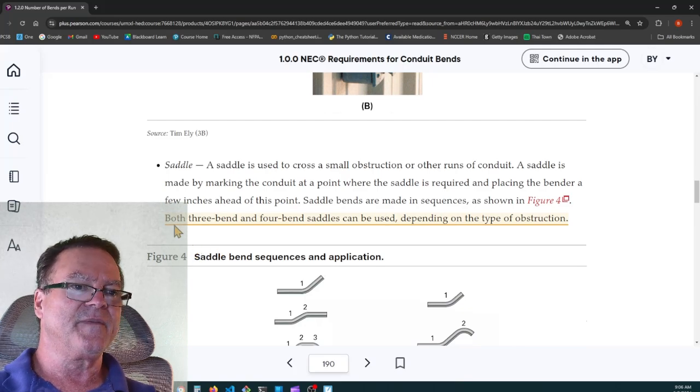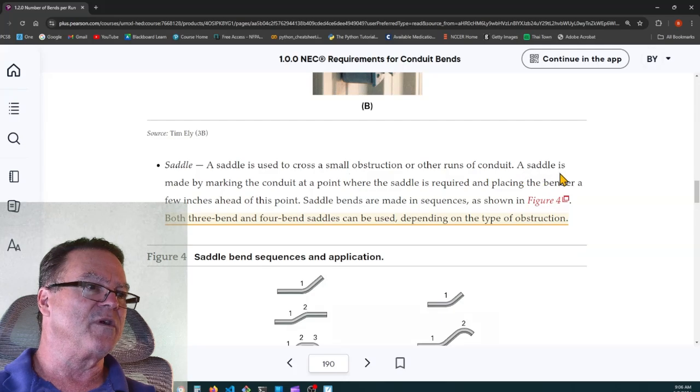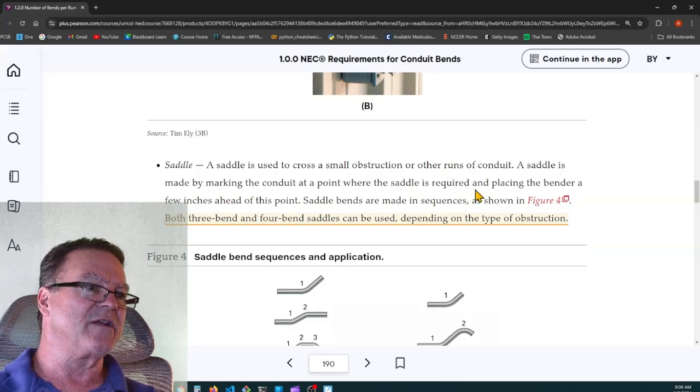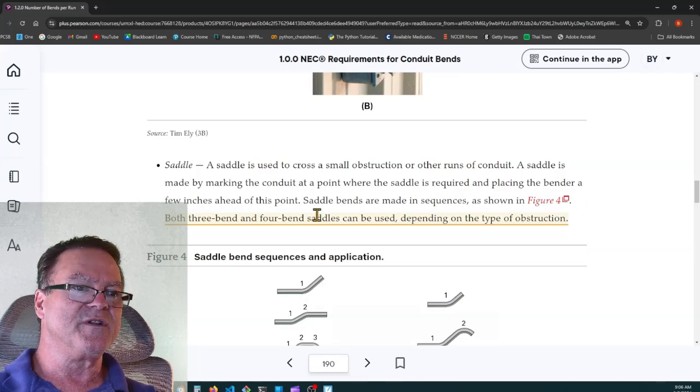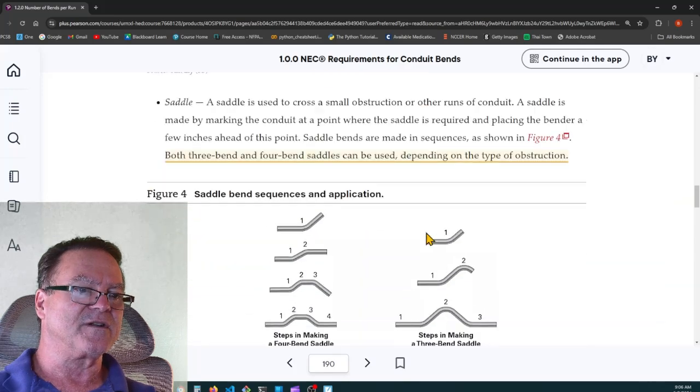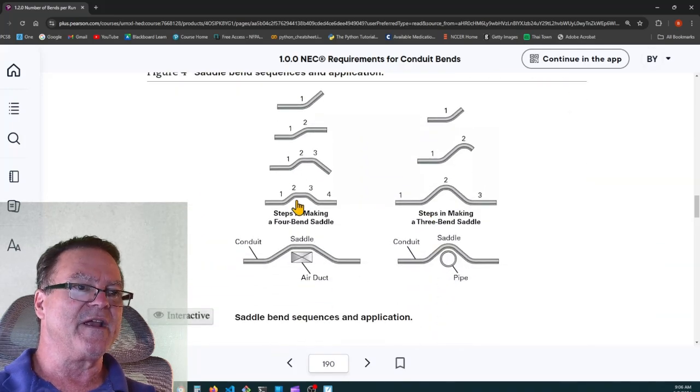A saddle, it says both 3-bend and 4-bend saddles can be used depending on the type of obstruction. Saddles are used to cross a small obstruction or other runs of conduit. A saddle is made by marking the conduit at a point where the saddle is required and then placing the bends a few inches ahead of this point. That's a box offset. So here they're making a 4-bend saddle.